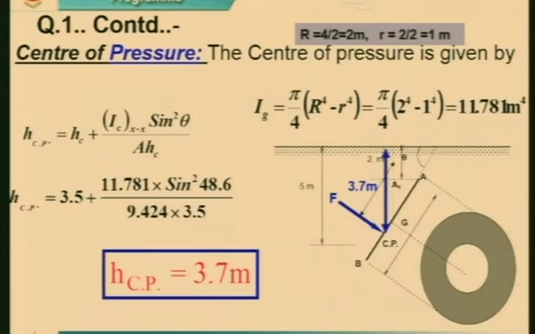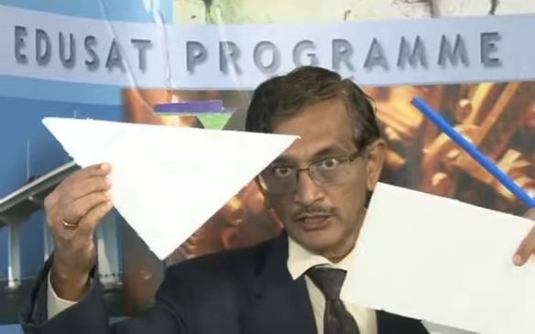So this is the way we have solved the problem with all three kinds of problem, including yesterday I have done for a rectangular, I have done for the triangular, and yesterday also I have done for circular, and today I have taken a hollow plate. So hopefully you have understood how to calculate the total hydrostatic force and the location of its center of pressure. Is it okay?